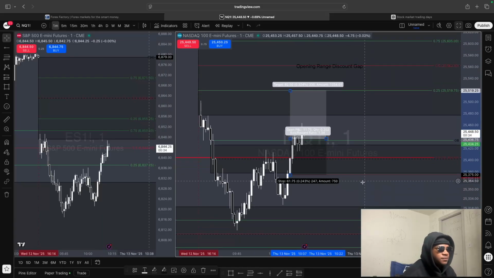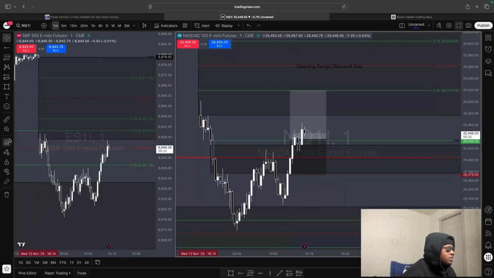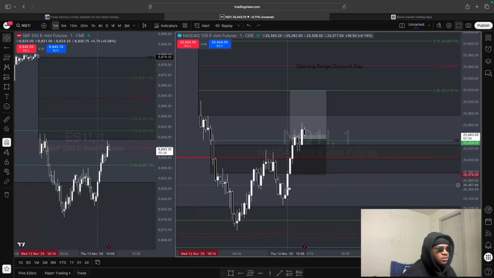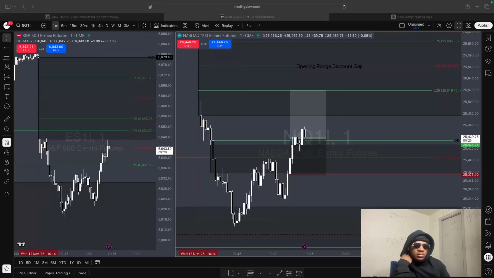Bet. Stop loss would be right here under this. Everything set. You gotta make sure them limit orders are set when you're paper trading.